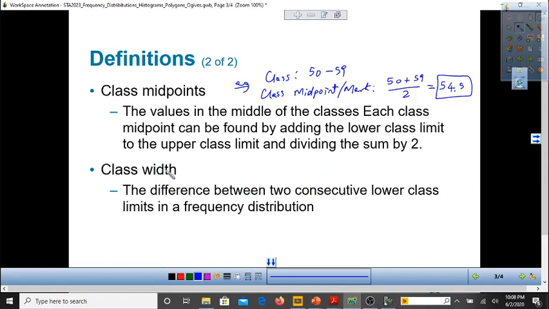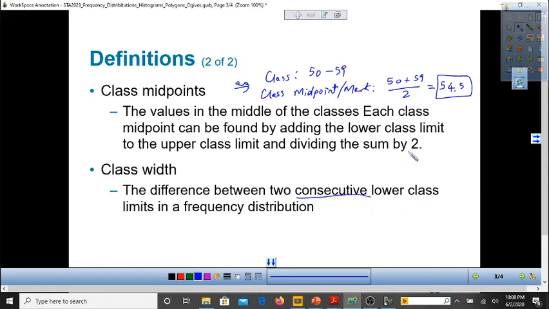Now, the class width is very simple. The class width would simply be the distance between two consecutive values of the same type.